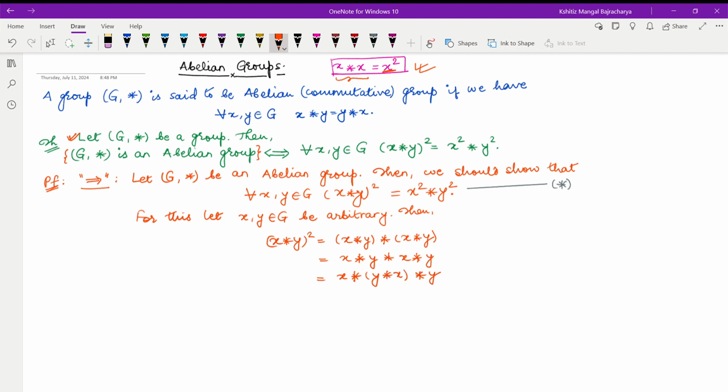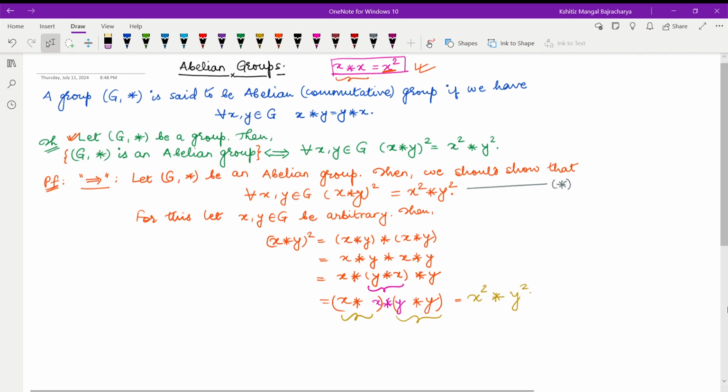Now since G star is an abelian group, we can write this as x star y, which means we have x star y star y. Now we can again reintroduce the parentheses like this, which will give us x squared, and this will give us y squared. So the forward implication has been proved.